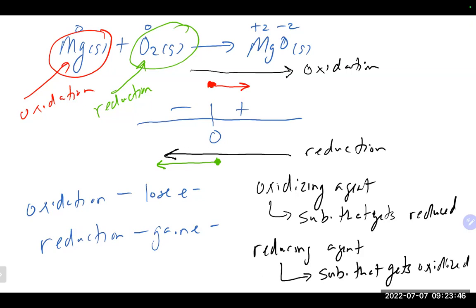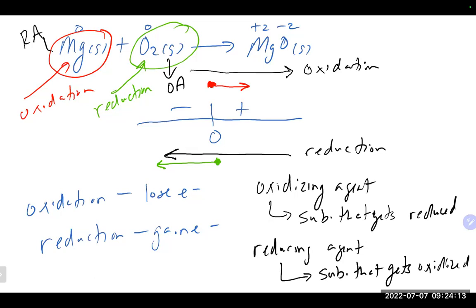So in our example up here, which one would be the reducing agent? It would be the magnesium, because that is the thing being oxidized. And the oxygen here would be the oxidizing agent in this case.